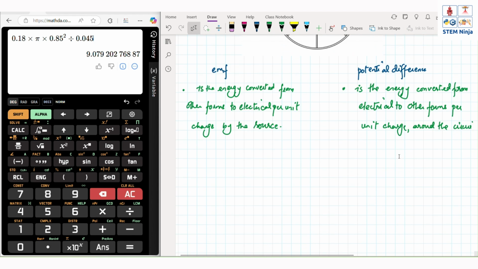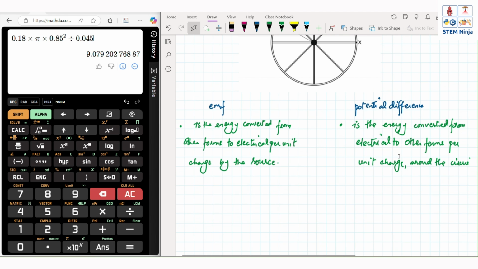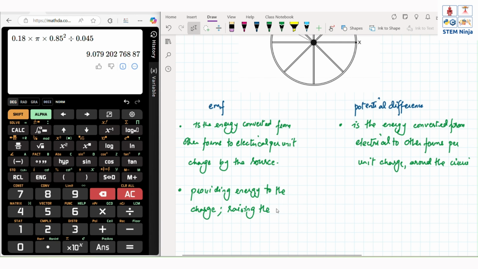Which means that when you have the EMF source or the power source, it is providing energy to the charge, aka raising the potential of charge carriers.